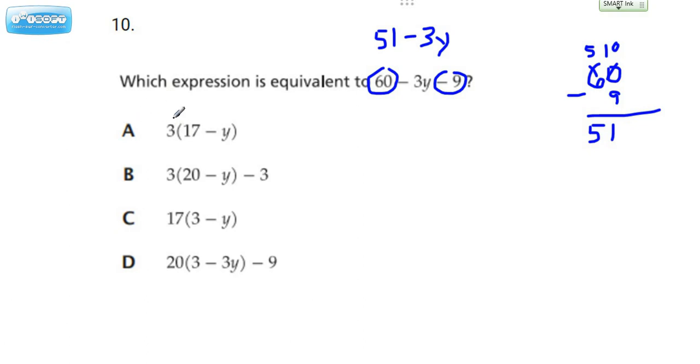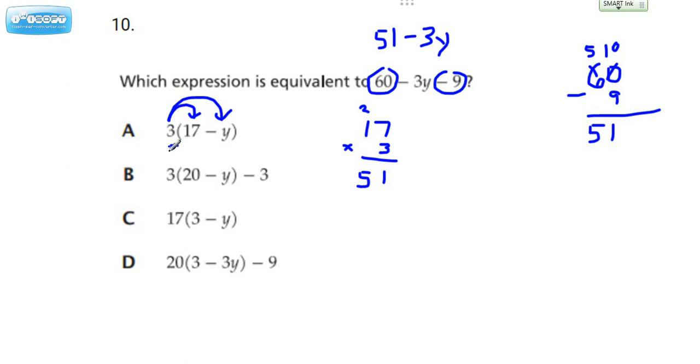If we look at choice A and we actually distribute this, we would have to multiply this times this, and we'd also have to multiply this times this. So let's find what 17 times 3 is. Here we get 21. Here we get 3, and the 2 more makes that 5. So this times this is 51.